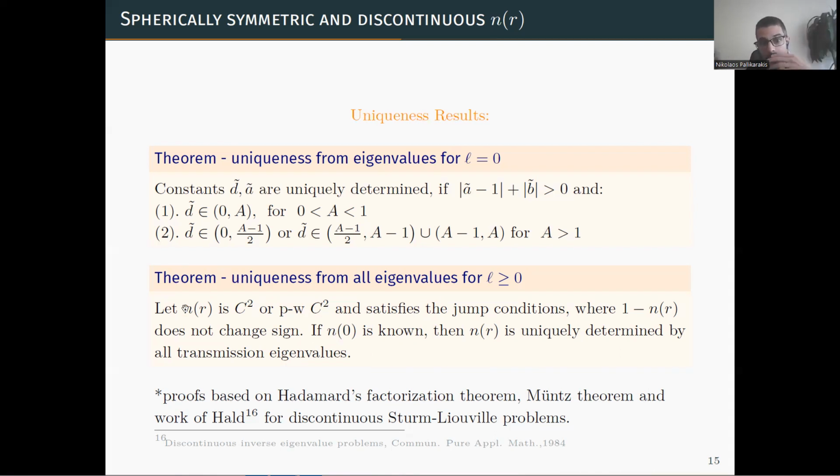The proof is based on Hadamard's factorization theorem, because we prove that the characteristic functions are entire functions of k squared. We also had to use Müntz's theorem, and we used some ideas of the celebrated paper of Hald for discontinuous Liouville problems, because the setting, even if it's a non-self-adjoint problem, has similarities.